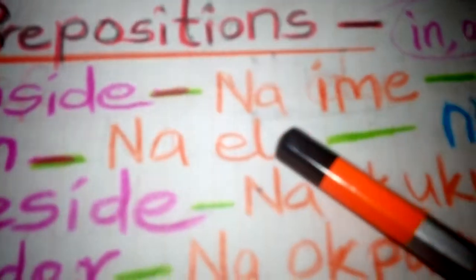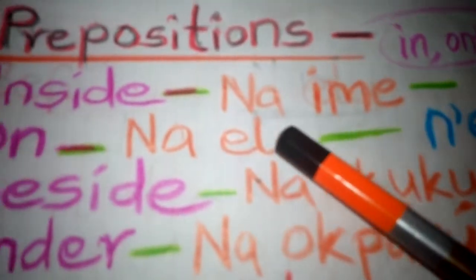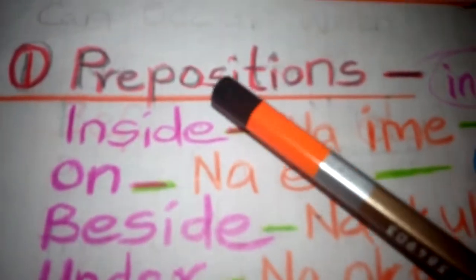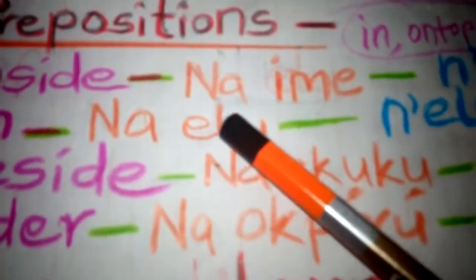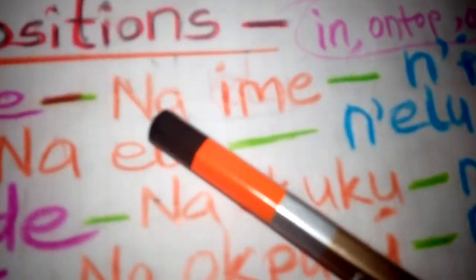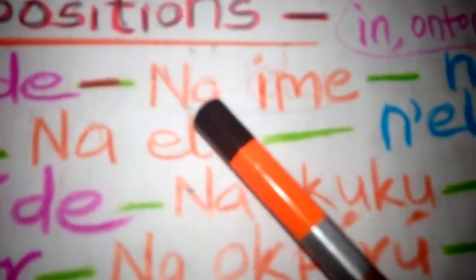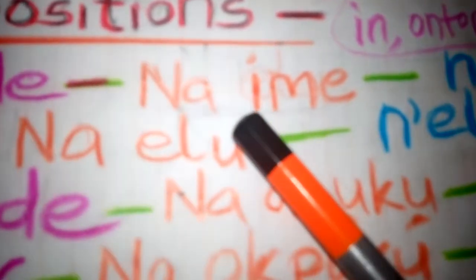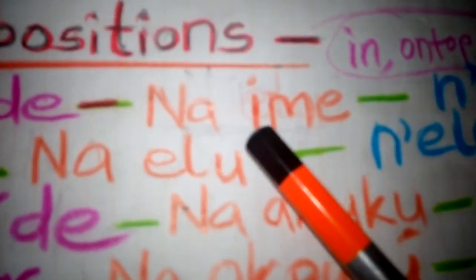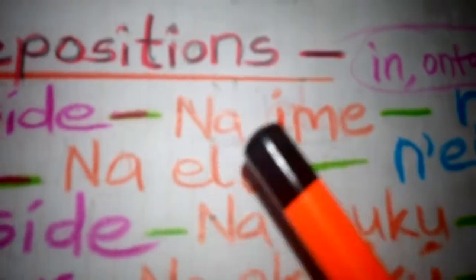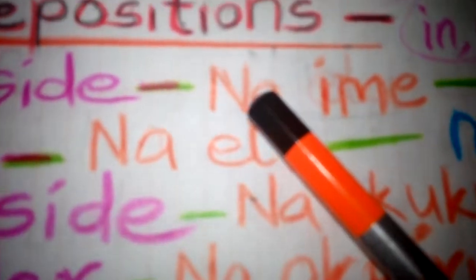You cannot leave it like this, it's wrong, because it's a preposition. So na ime, you must drop the first vowel. This is the first one, and this is the second vowel at the beginning of ime. We drop the first vowel and put an apostrophe.